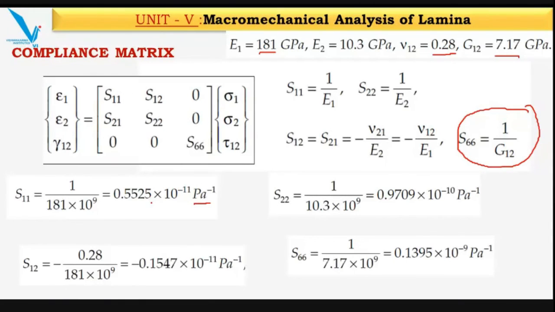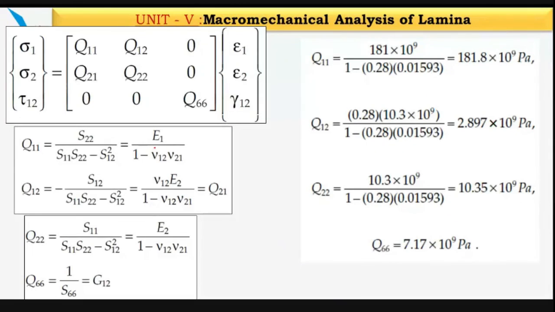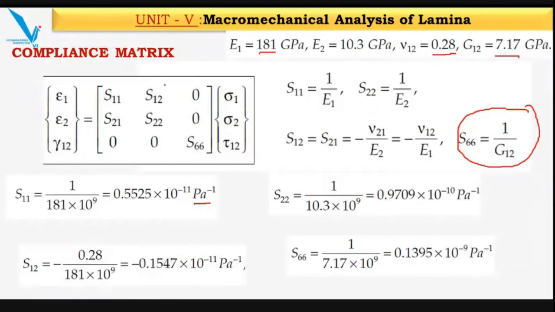Next, you have to find out the Q matrix. Either you find it by using these equations, or if you are able to take the inverse of this matrix. If you find it easy to find the inverse, then find the inverse. I don't know whether on a calculator you are able to find the inverse of a 3 by 3 matrix. I think it is possible. On a calculator you are able to find the inverse of a 3 by 3 matrix at most.